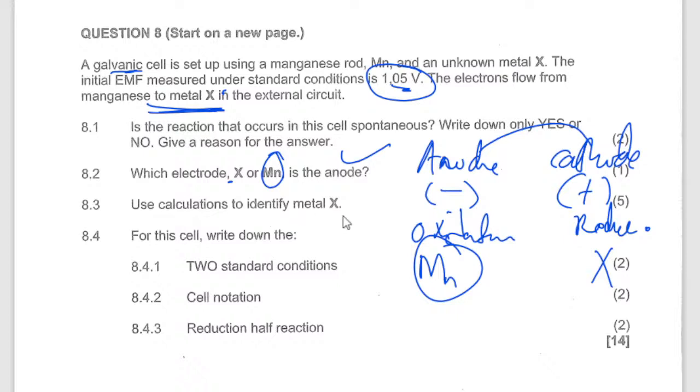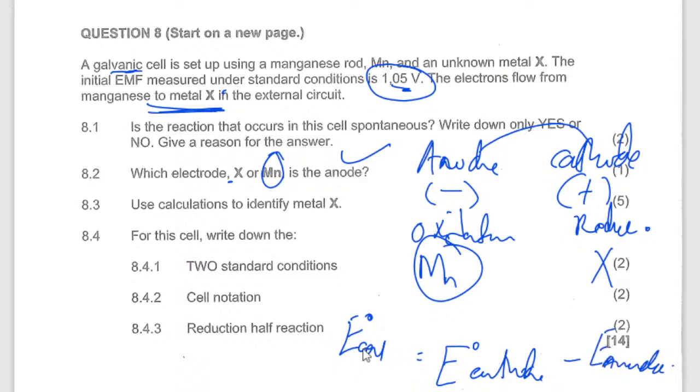Use calculation to identify X. So in this case, you have to use E cell. E naught cell is equal to E naught cathode minus E naught anode.